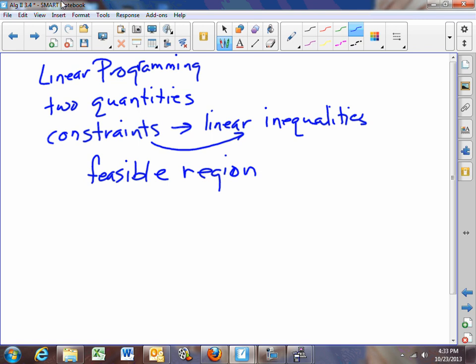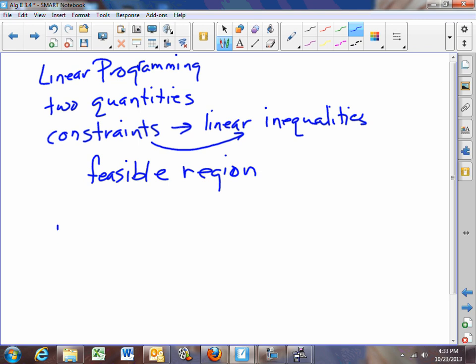Now, in linear programming, what we try to do is optimize the choices, and there's a couple of things that we know are true about feasible regions.